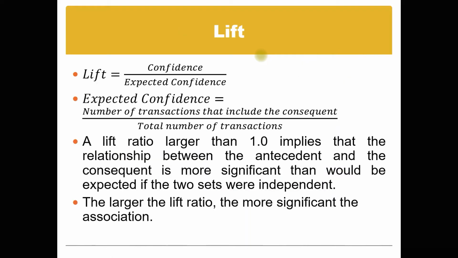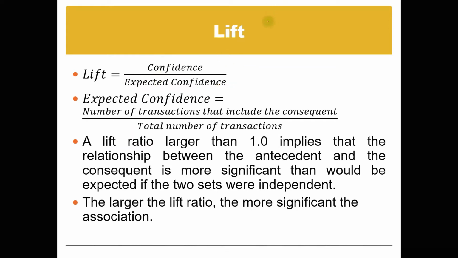There is another measure that we call the lift. The lift is basically a measure of how significant the association is with respect to the assumption of independence, right? If you look at the lift, the formula is given as the confidence over the expected confidence.